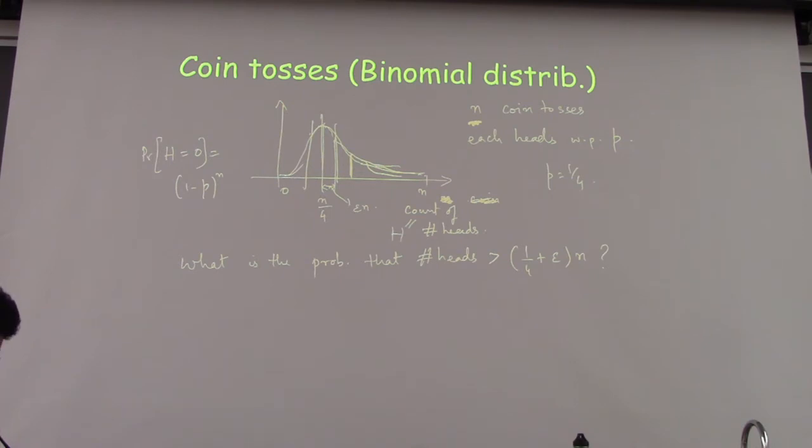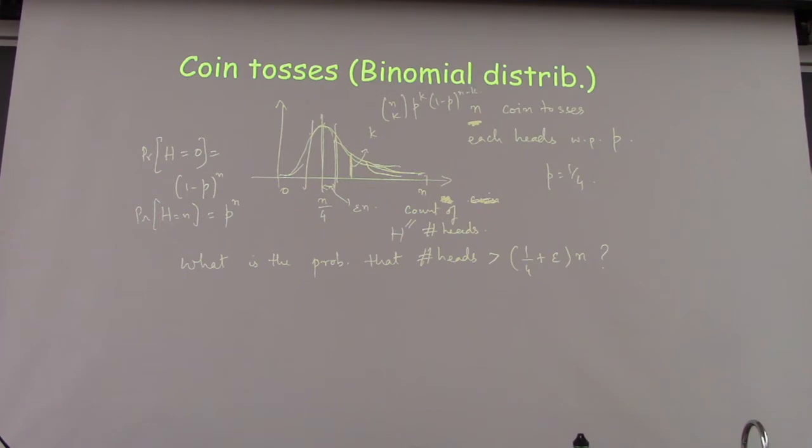Also, you have some probability for capital H equals n, which is p to the n. More generally, you can write a formula for every k. It's exactly n choose k times p to the k times (1 minus p) to the n minus k.